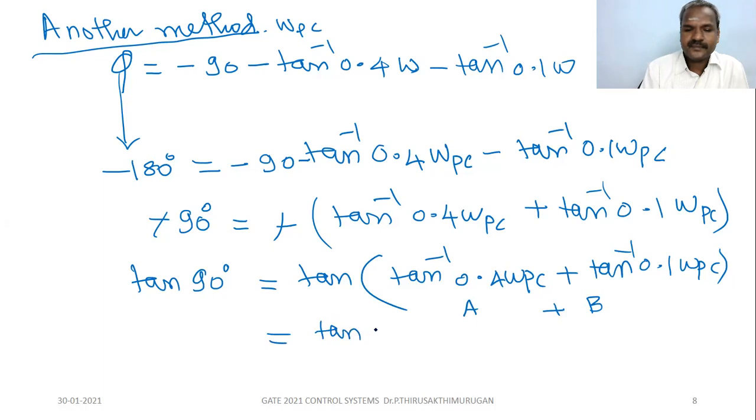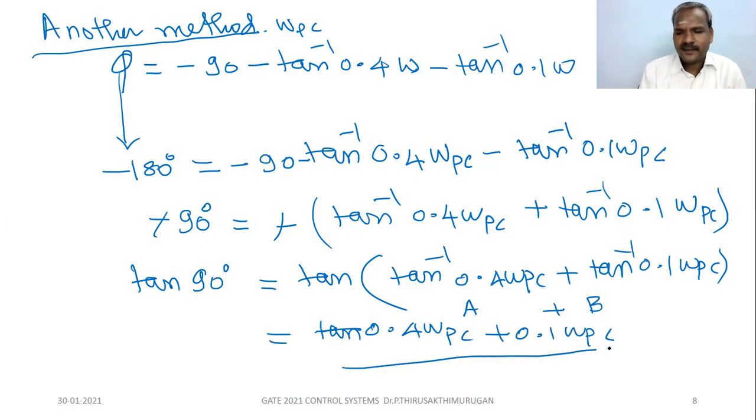Tan A plus tan B divided by 1 minus tan A into tan B. So applying tan, this becomes 0.4 omega PC plus 0.1 omega PC divided by 1 minus 0.4 omega PC into 0.1 omega PC.